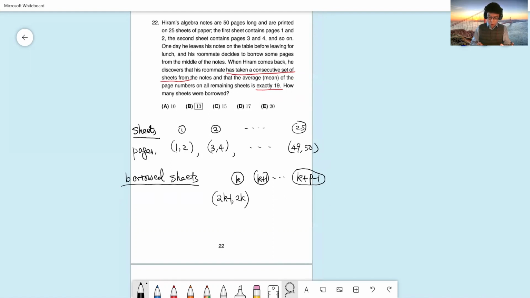K plus 1 sheet is 2K plus 1, 2K plus 2. The last sheet has the pages 2K plus 2P minus 3 and 2K plus 2P minus 2. Those are the borrowed page numbers.